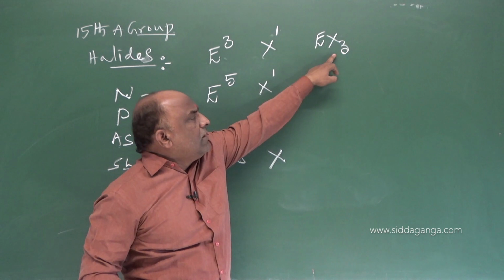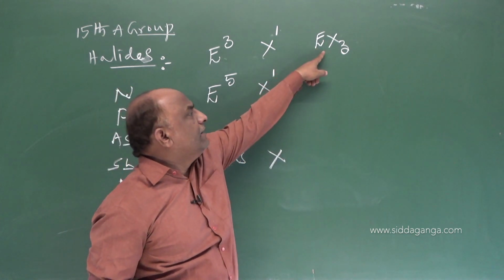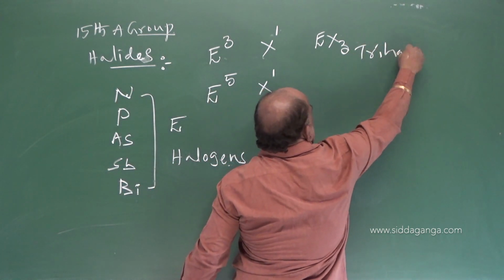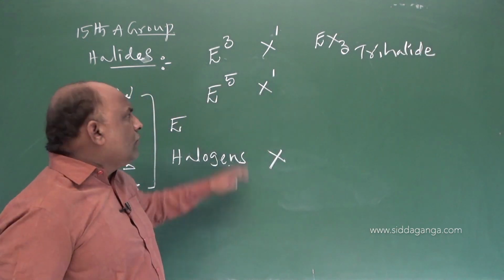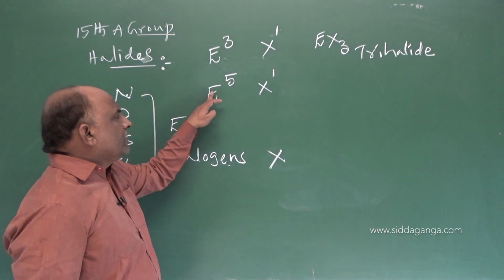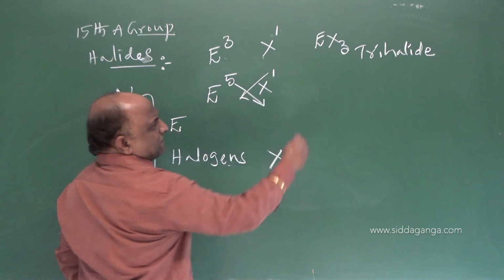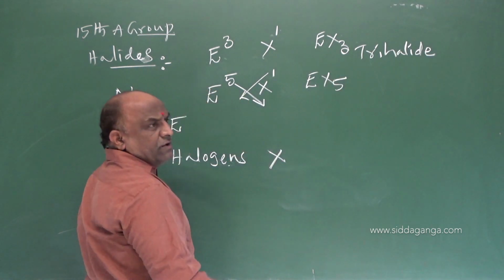This formula is called a trihalide. For the second example, by the crisscross method, interchanging the valencies, the product is EX5.